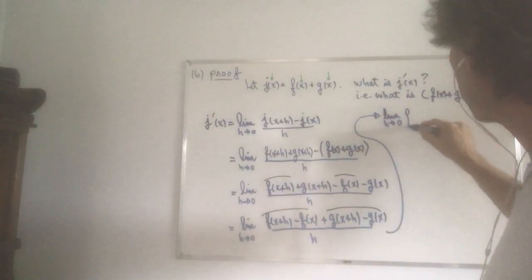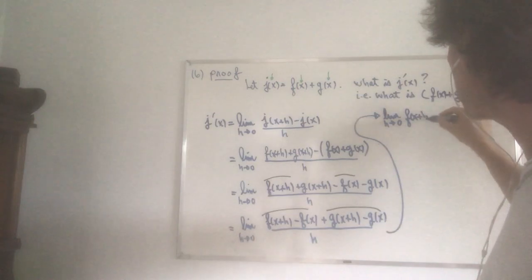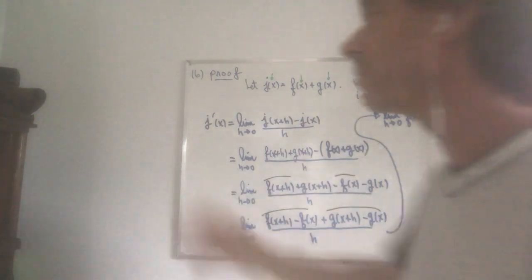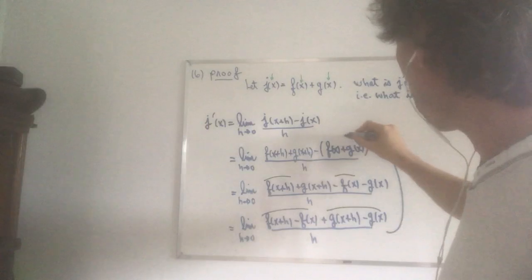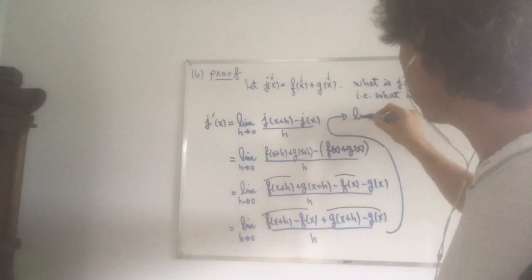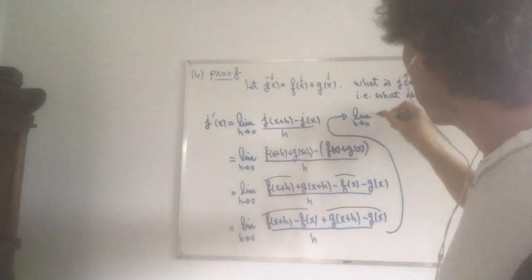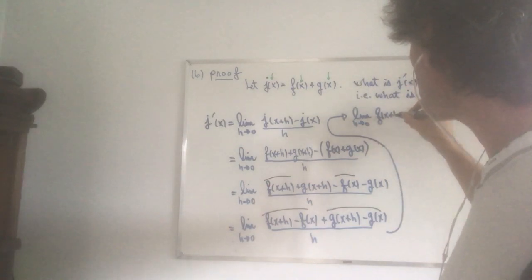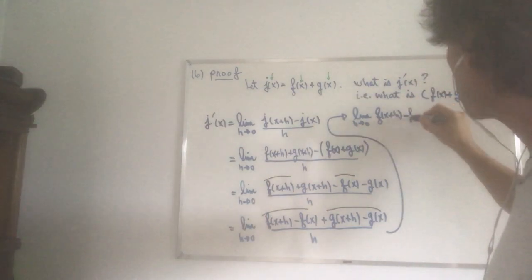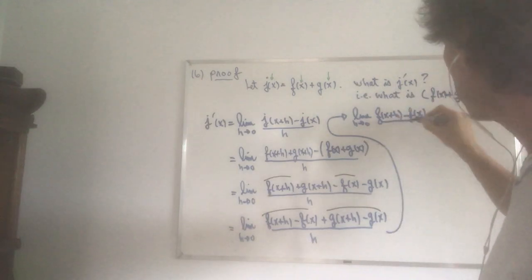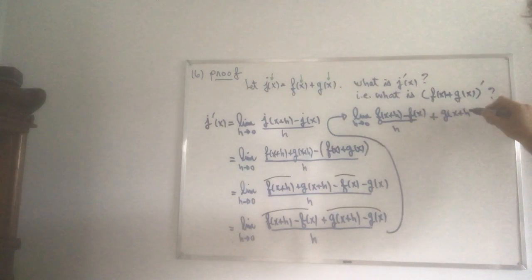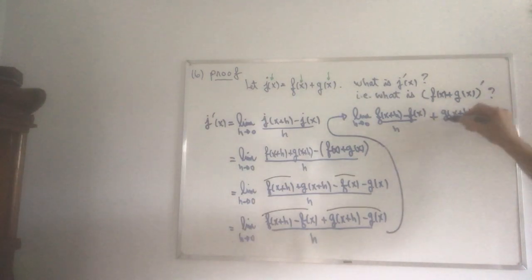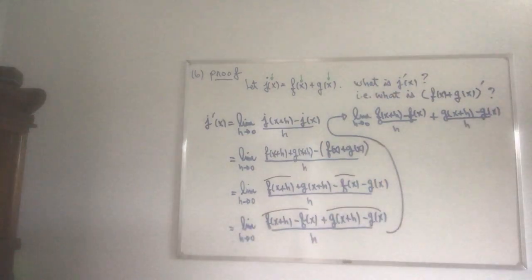So the limit as h goes to 0 of f of x plus h minus f of x, I'm going to put that over h. And then I'm going to do the same for the g. G of x plus h minus g of x, I'm going to put that over h as well.